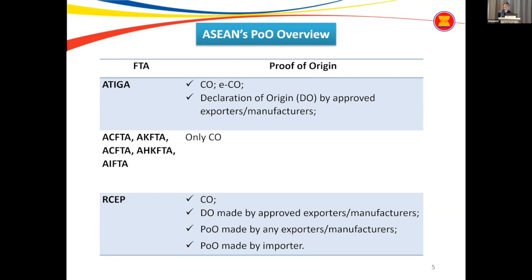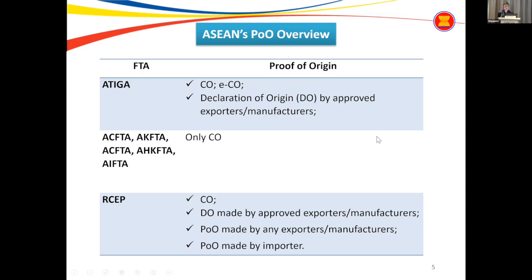It's totally different from what is under the CPTPP. I don't know whether you can recognize the difference between the approved exporter and the normal exporter under the CPTPP. And in the other ASEAN+1 FTAs, we only have a CO, not even an ECO, not even a declaration of origin.